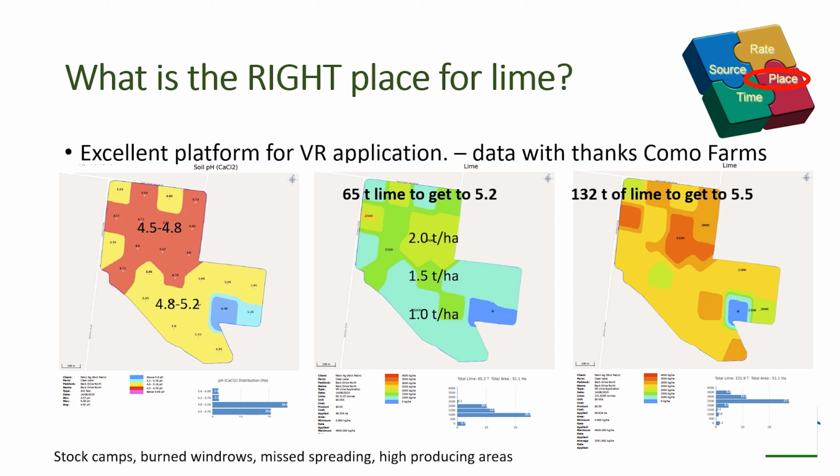One of the areas that's important to make sure of is that when you're sampling, you do it correctly, taking care to account for stock camps, any old windrows, areas that might have missed spreading or highly producing areas. These are all likely to contribute to the variation across the field with pH.